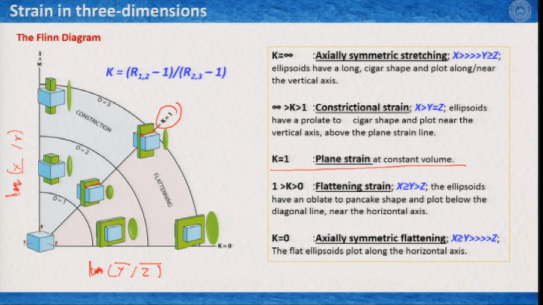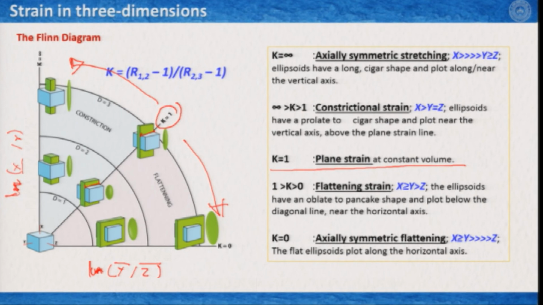On both sides of this k equal to 1 line, if I go to the top side, that says it is in the constriction domain. That means in this domain everything would deform along the x axis, it would extend, and in the other two directions it would shrink. Therefore, with progressive deformation you would produce something like a pencil or a long object.